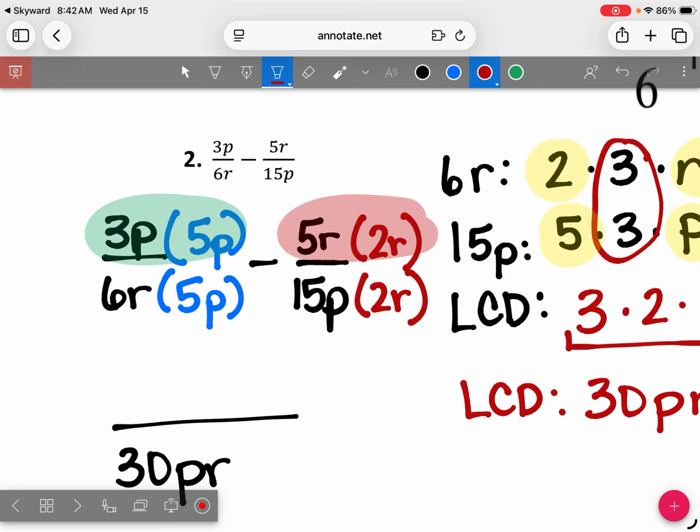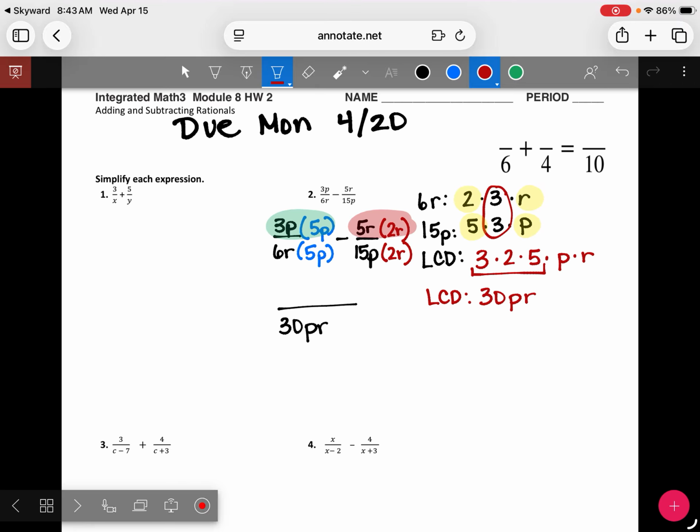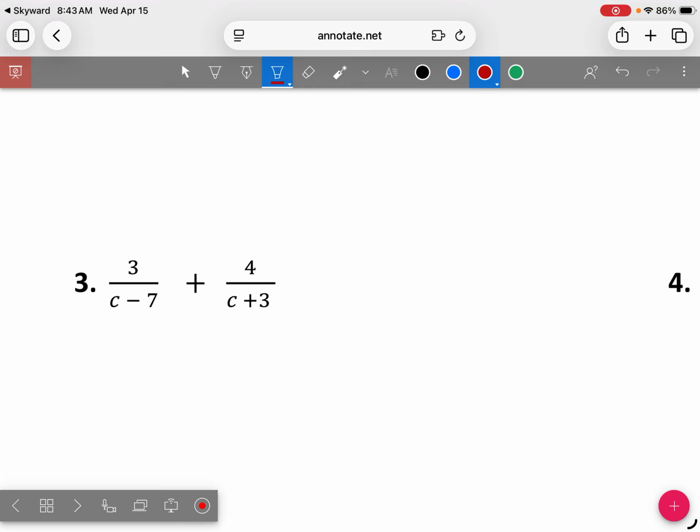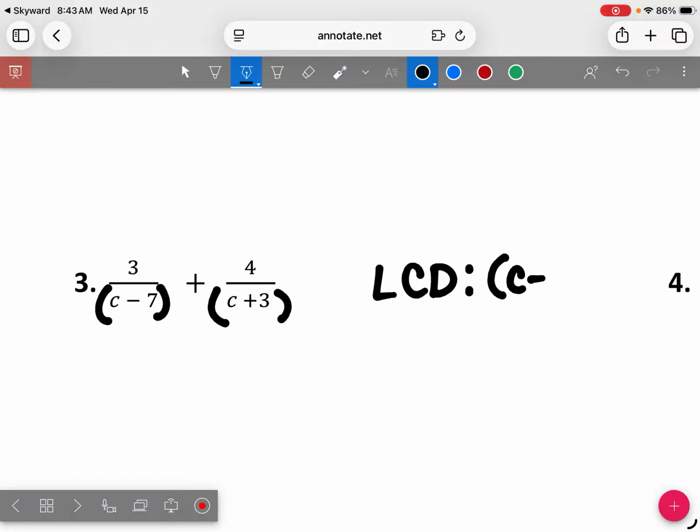All right, now let's look at number 3. You finish out number 2. Let's look at number 3. So my LCD, this is a group and this is a group. So my LCD is going to be C minus 7 times C plus 3.